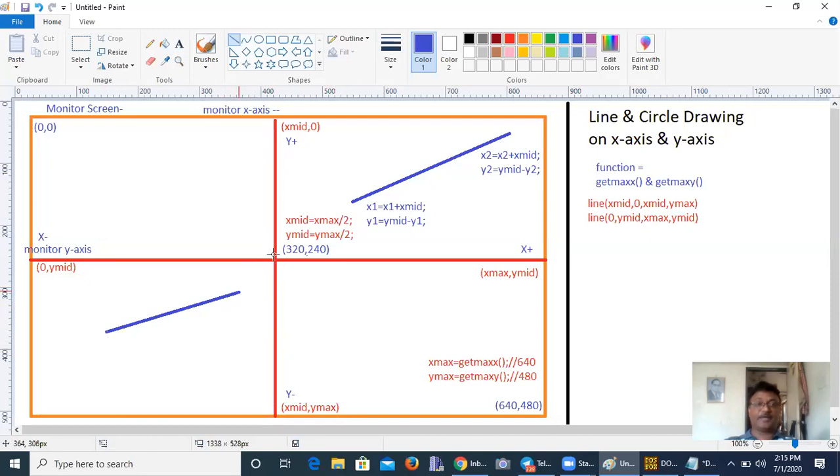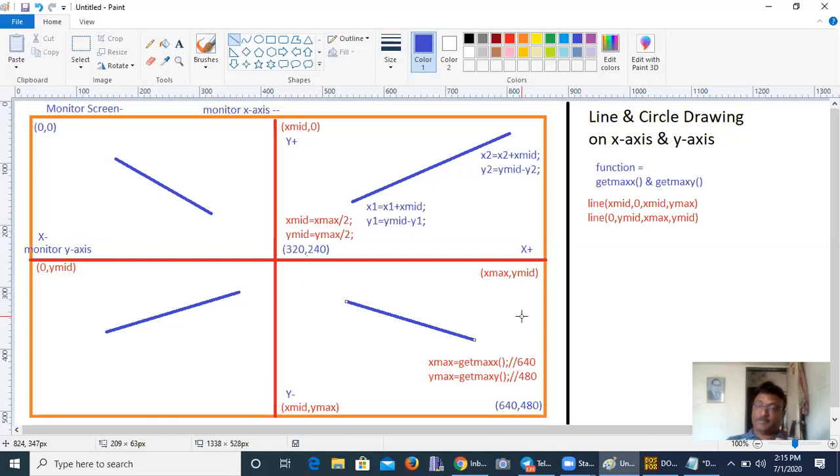Then the line should appear in the third quadrant, because both values are minus. And if only the x value is minus and y is positive, the line should appear in your second quadrant. And if the y value is negative and x is positive, the line should appear in your fourth quadrant.